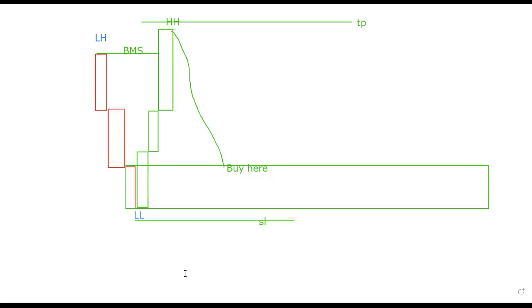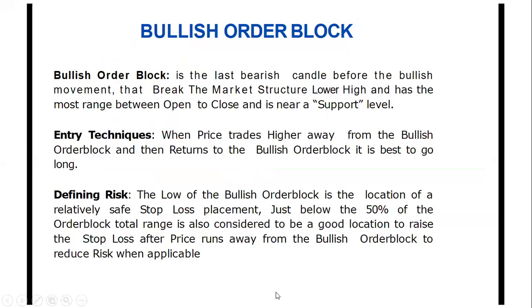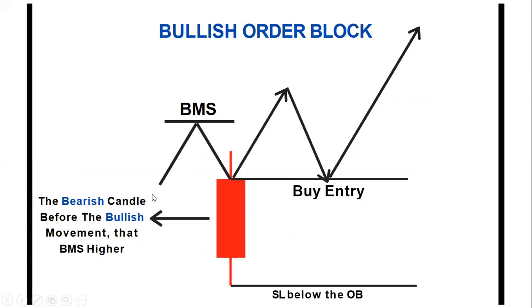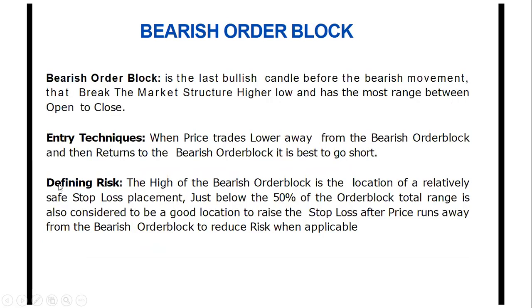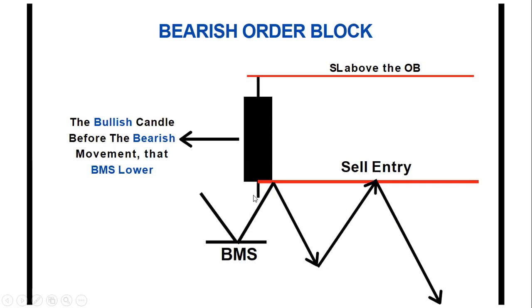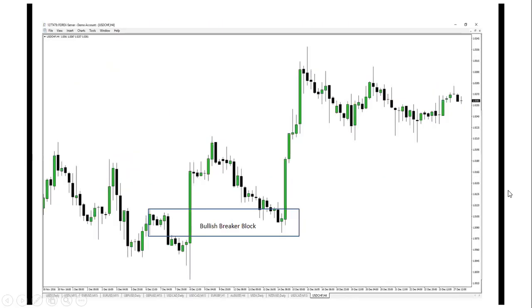Let's look at the example. Now, this is a bullish order block. We have seen the market was making lower low, lower low, lower high, lower low. Then it went high and it broke market structure. This high was broken. So when this high was broken, we have now confirmed that this is an order block because it has caused a break of market structure.